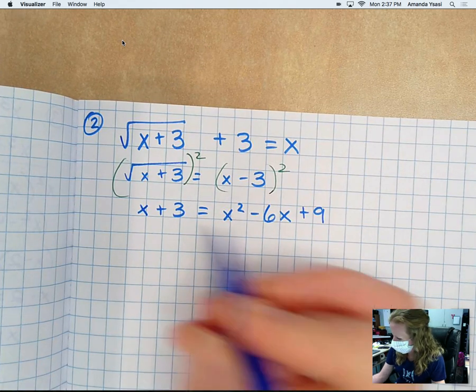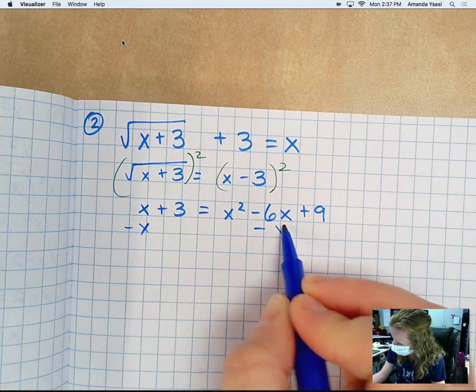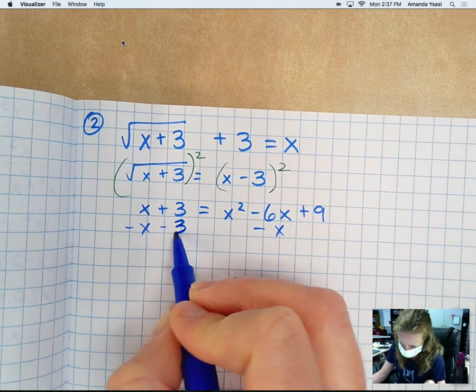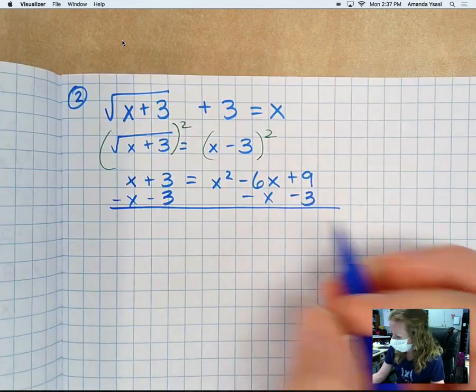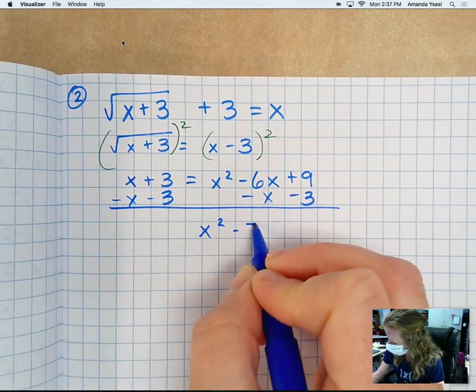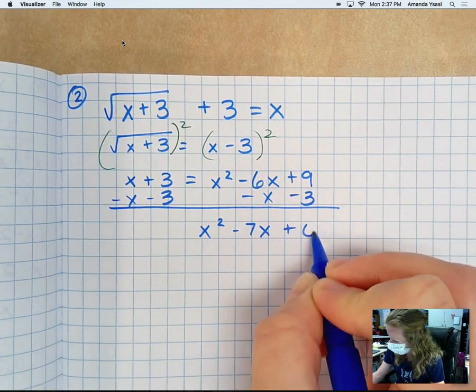And we move things over, so minus x to both sides, minus 3 to both sides: x² - 7x + 6.